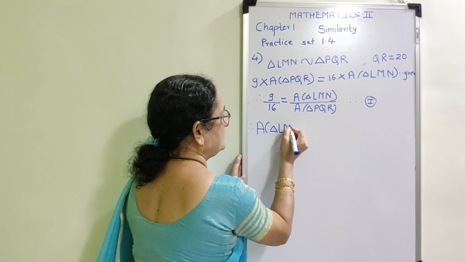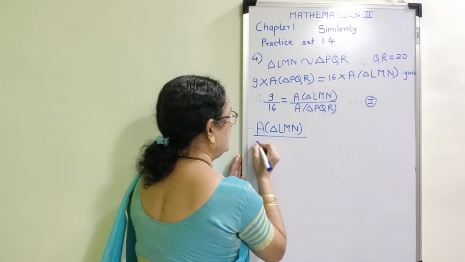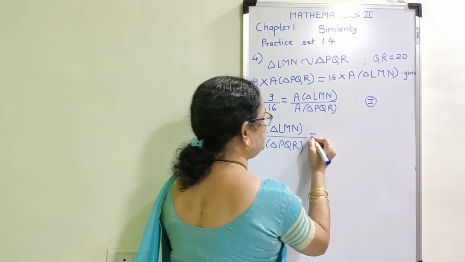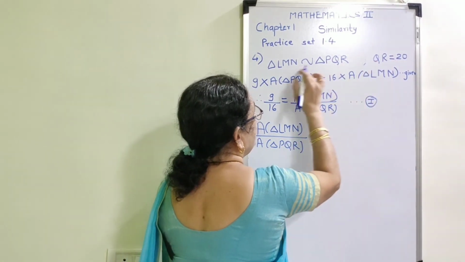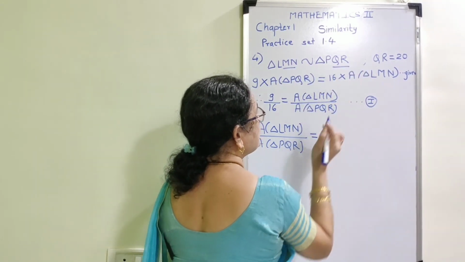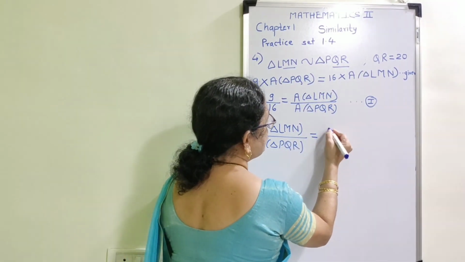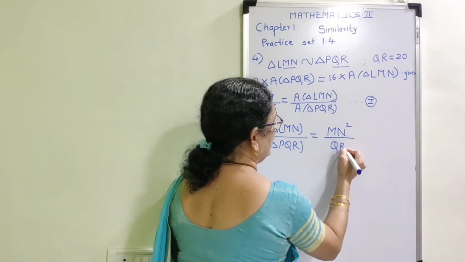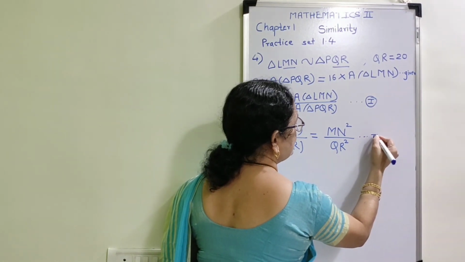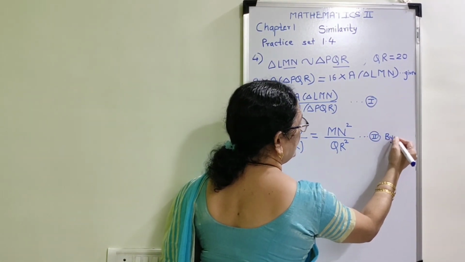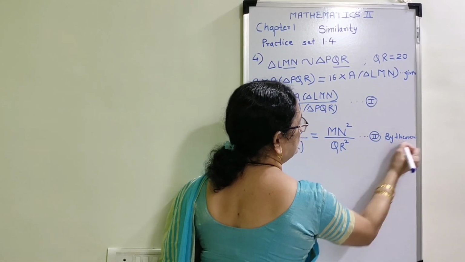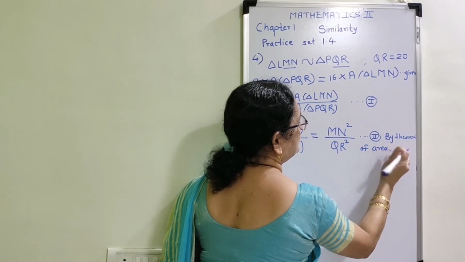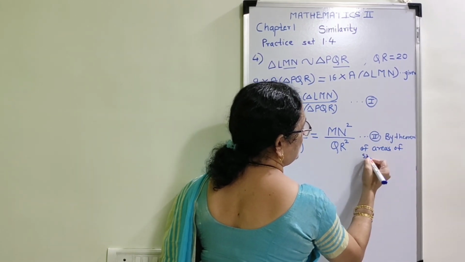Area of triangle LMN upon area of triangle PQR is equal to, now I am going to take the given corresponding sides, that is first thing is MN square upon QR square by, this is my statement number 2, by theorem of areas of similar triangles.